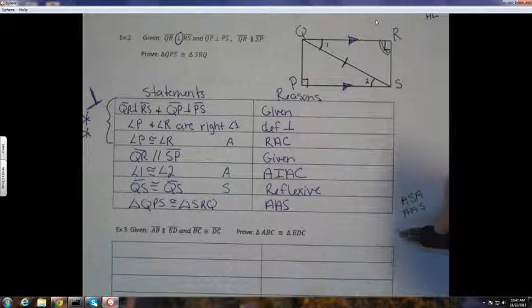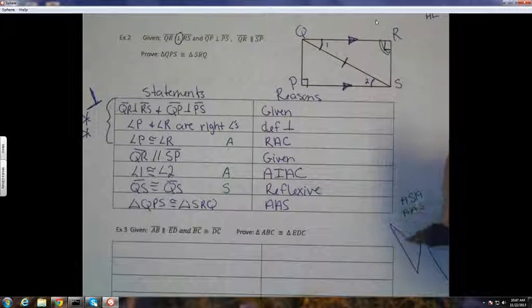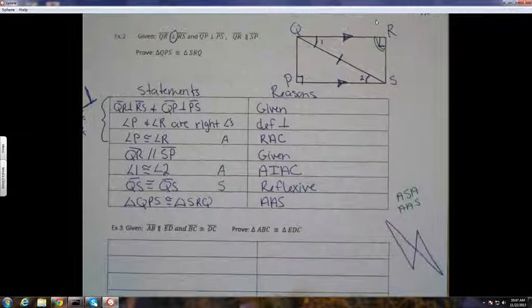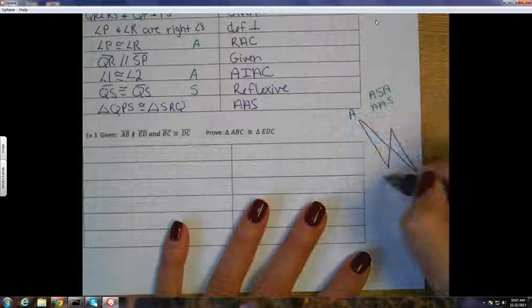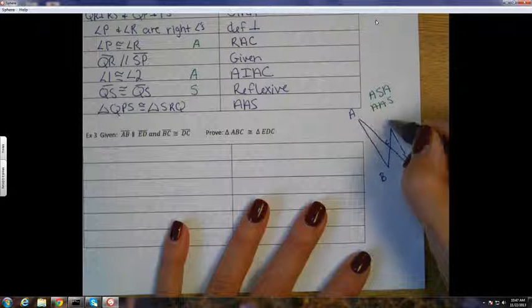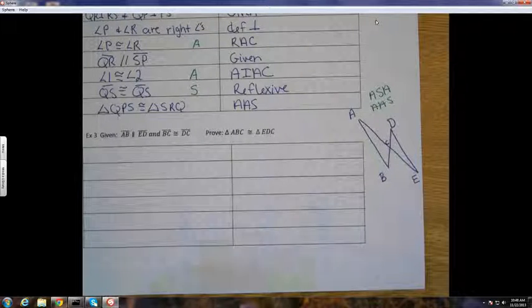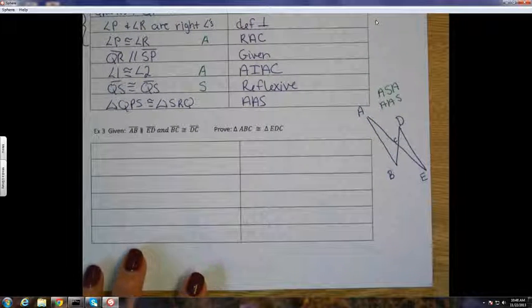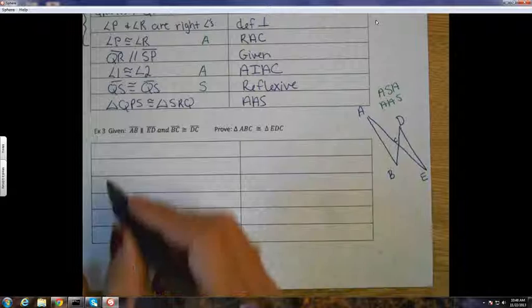Make it a small one over here. Okay, this one, the statements actually fits in the box here.